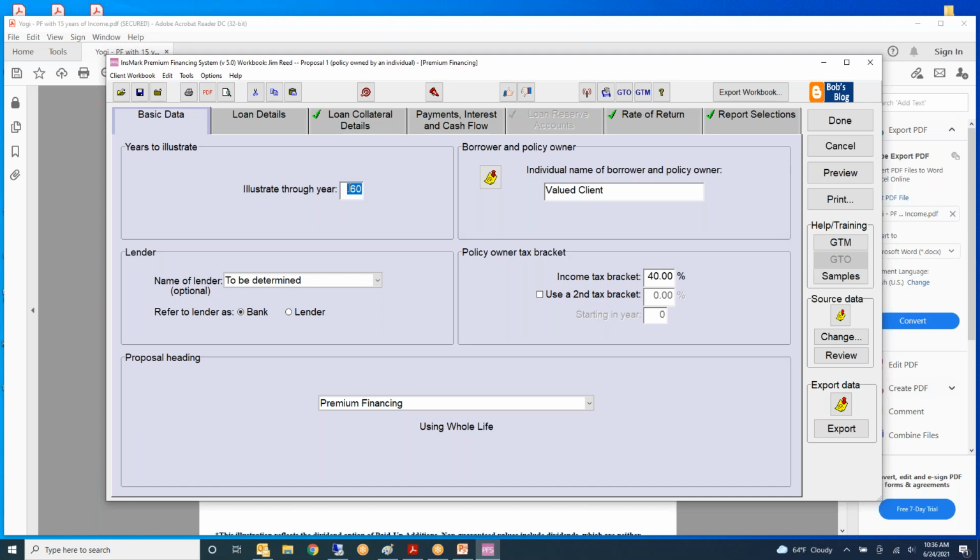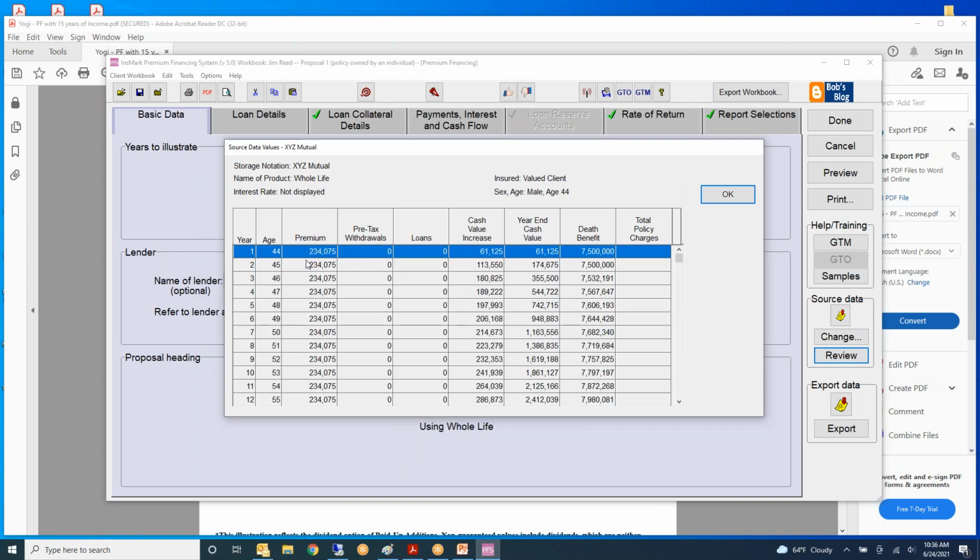You can illustrate for 50 years until age 100 or beyond. So it's a user input. And the insured is 44, okay? See, source data, you're able to bring it up to look at it, even within the input area. Anywhere you see source data, you can click on the review and it will bring it up, okay, these tables.